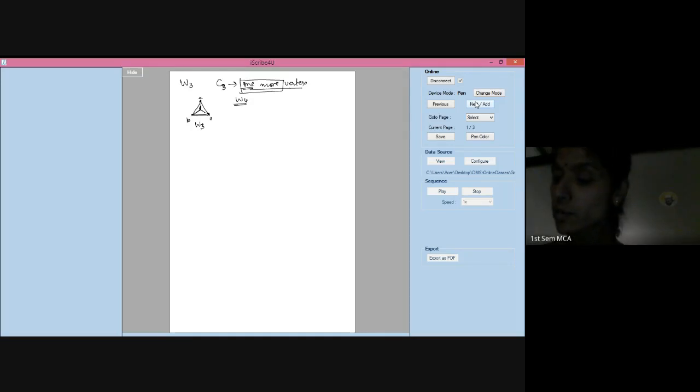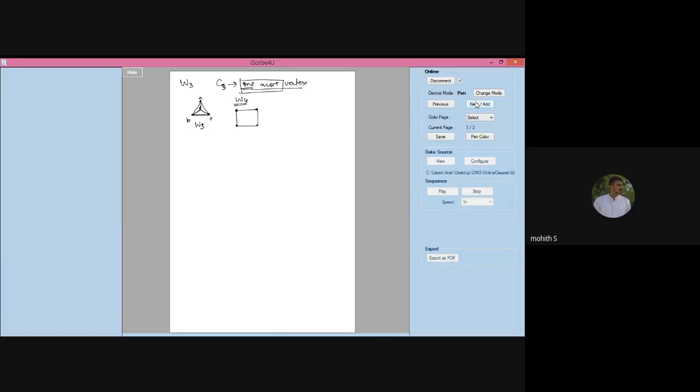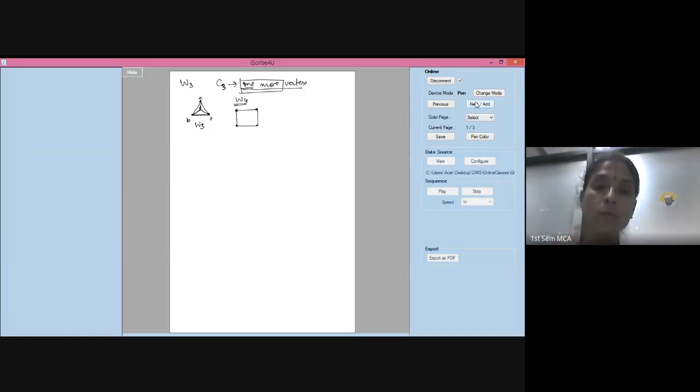All right. W4, I will start with C4. What was C4? This is our C4, which we already saw previously. What I should do? I should add one new vertex. This is my new vertex that I am adding.